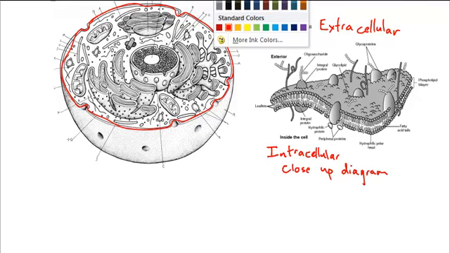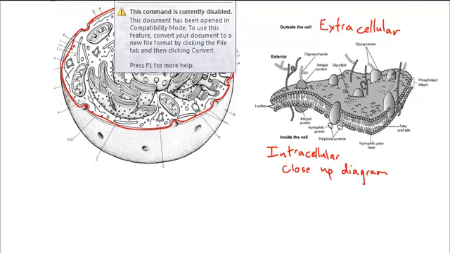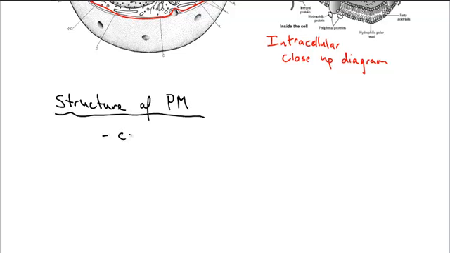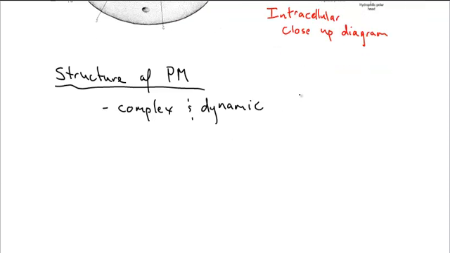The plasma membrane has a very complex and dynamic structure. We're going to abbreviate plasma membrane PM. So it's complex, dynamic, but it has a consistent basic structure.